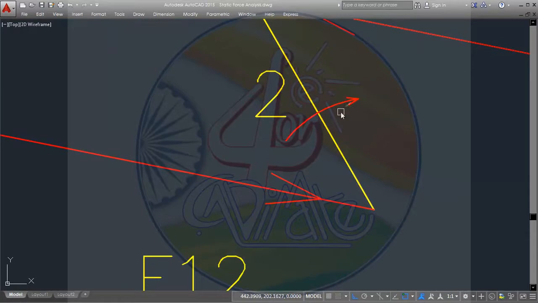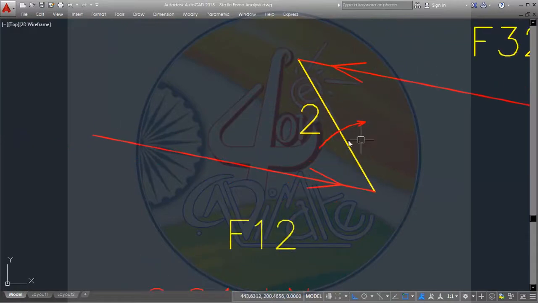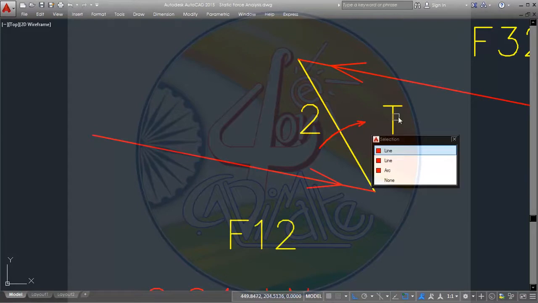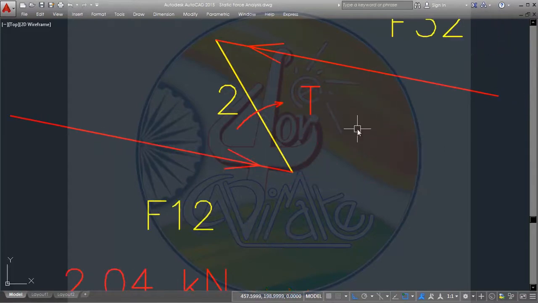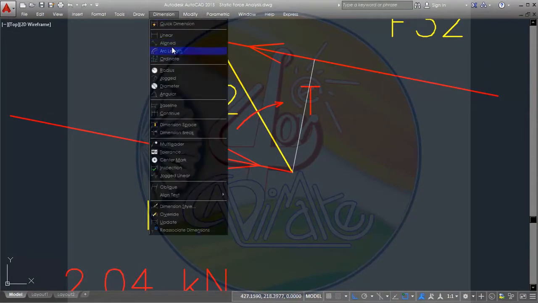So this is the torque. We have to find this torque. What is the formula for torque? Force into perpendicular distance.